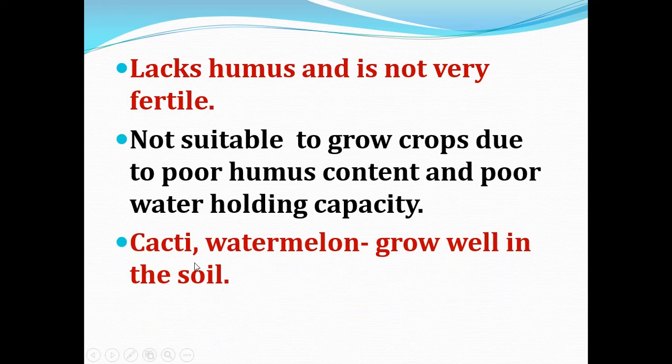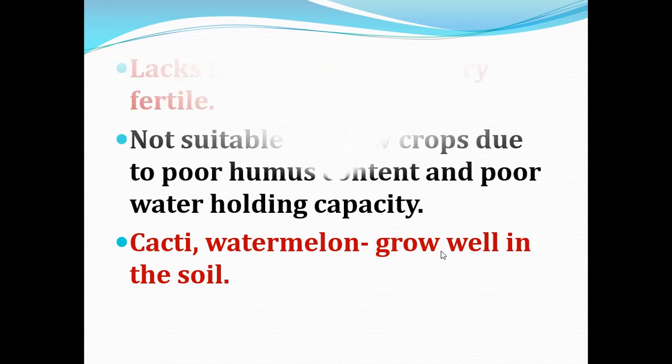Crops such as cacti and watermelon can grow well in this soil because they do not require much humus or water.